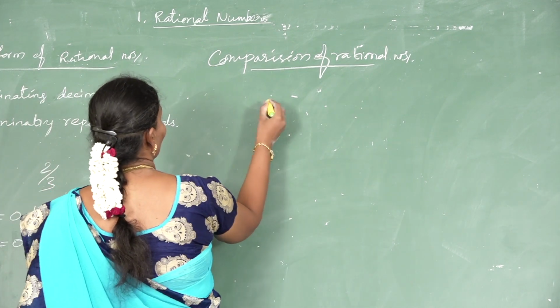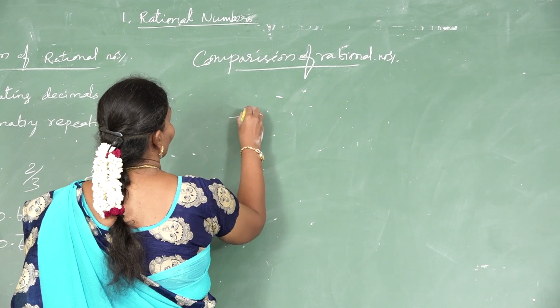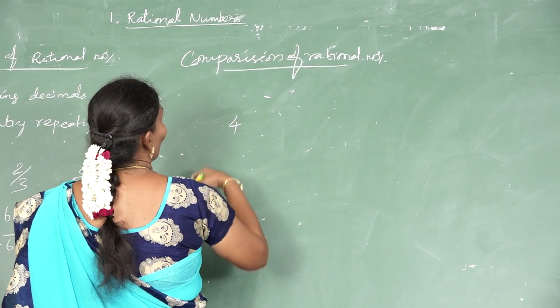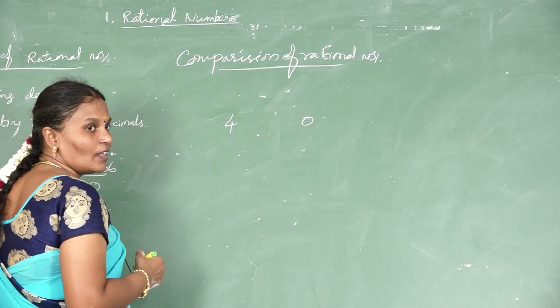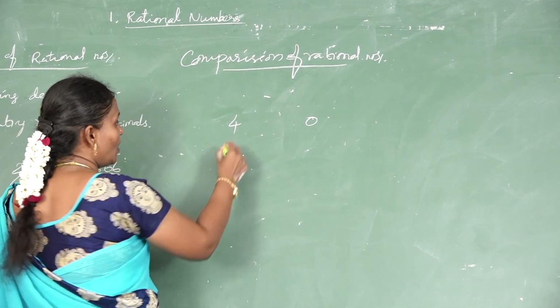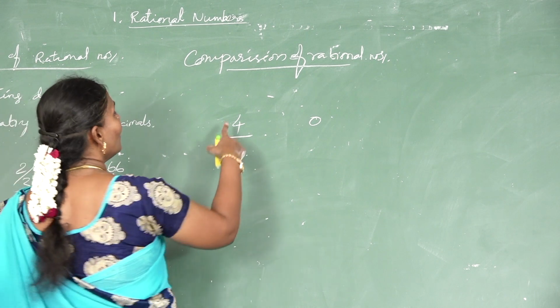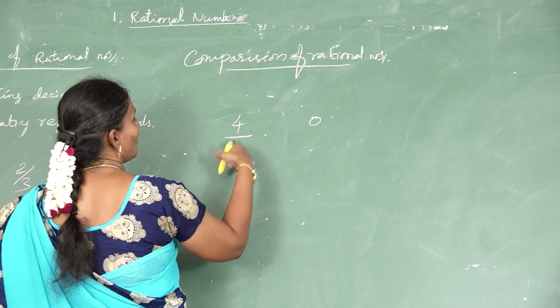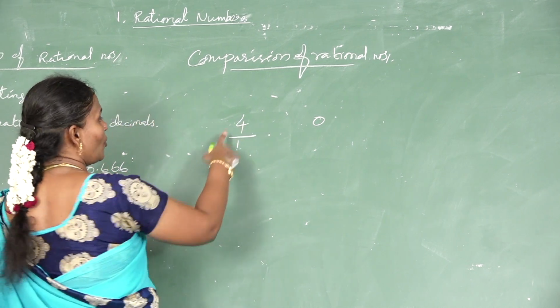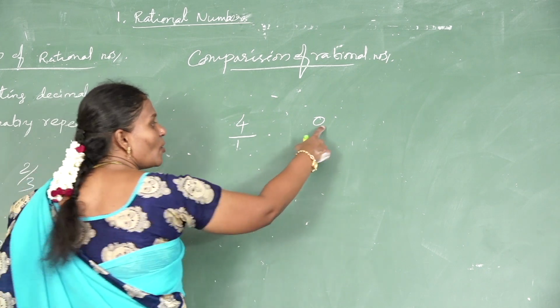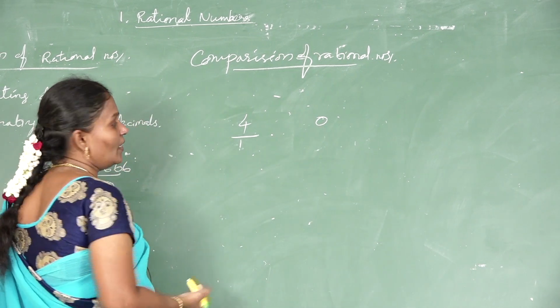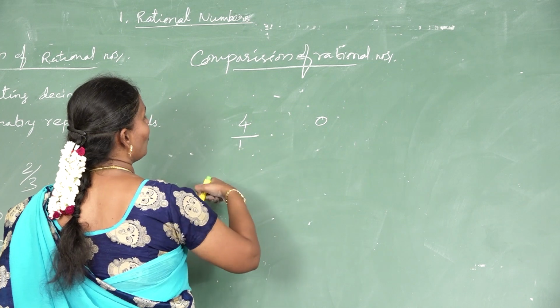See, for example, 4 and 0. 4 is a rational number because 4 means 4 by 1. So 4 is an integer and 1 is also an integer, so 4 is a rational number. 0 is also a rational number. Now compare 4 with 0.